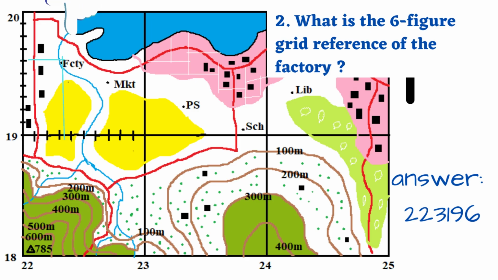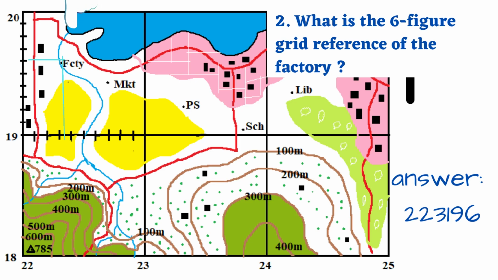If you don't know which symbol or abbreviation represents the factory, you would need to look at the key, and then after finding out the symbol, in this case the abbreviation, you will next need to find where on the map this abbreviation is. And then you need to give the six-figure grid reference.